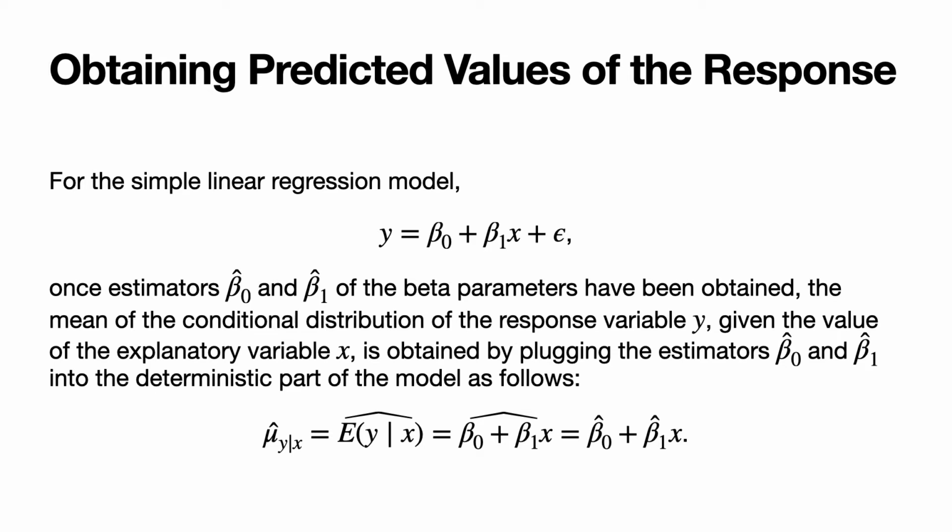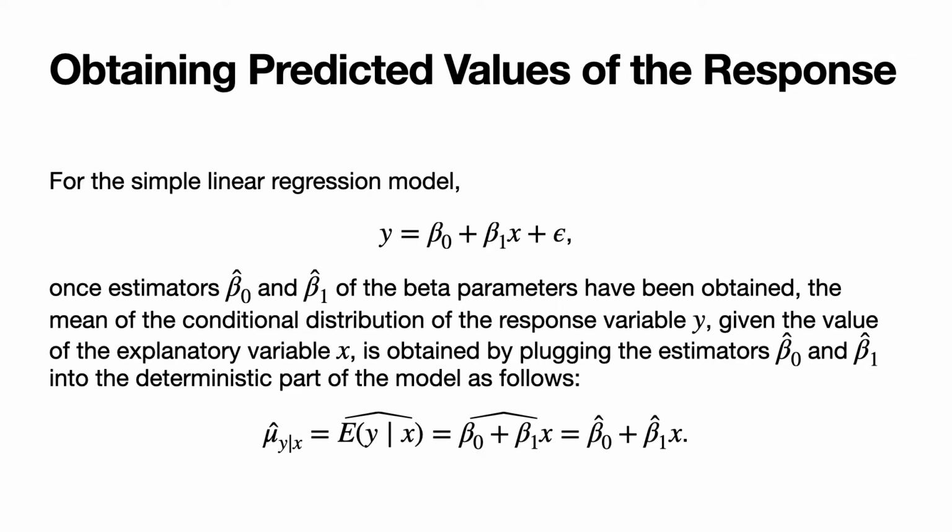So mu hat sub y given x, which is the same as the estimated value of the expected value of y given x, which is also denoted as beta 0 plus beta 1 times x with a big hat over that whole thing, is equal to beta 0 hat plus beta 1 hat times x.